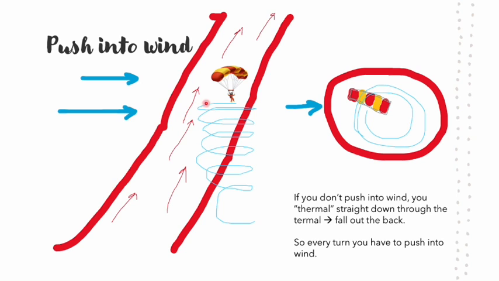Because as we discussed, if you were to not adjust your circles and just fly circles, but you're going down through the thermal, that will mean you actually fall out of the bottom of the thermal if you don't adjust your turns.